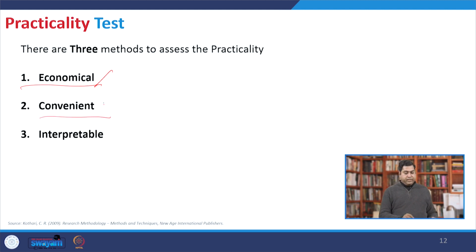It should be convenient for the researcher to interpret and for the respondent to respond. It should be interpretable, so one can give the answer accordingly, and it will also help you do the analysis later once you collect the information.